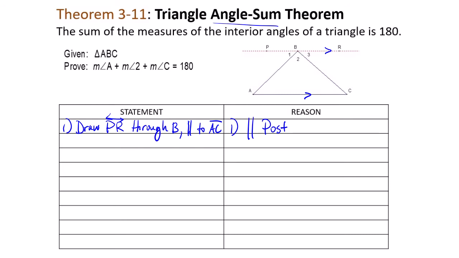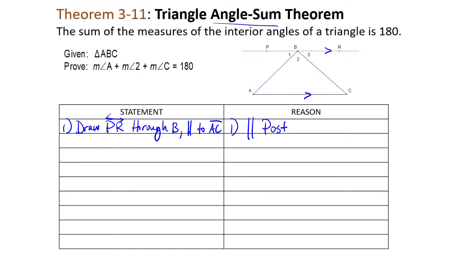We also can see from the picture that we have some linear pairs. We have angle 1 with angle ABR, and angle 3 with angle CBP. We can use either of those in this proof, so let's use the last one I mentioned.